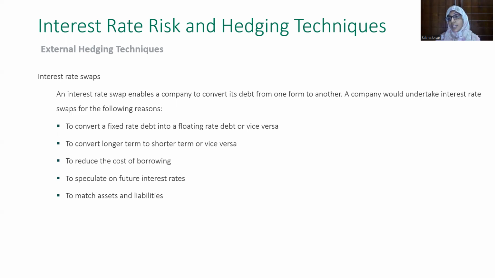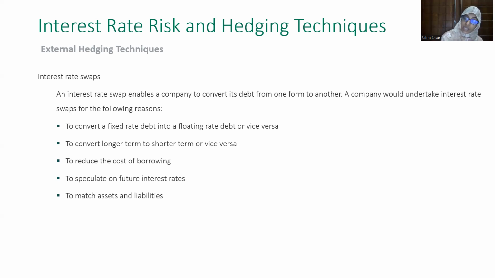A company may undertake an interest rate swap for many reasons, and we have listed five reasons. It could be to convert a fixed rate debt into a floating rate debt, or vice versa, from floating rate debt to fixed rate debt. So you use interest rate swaps for that.